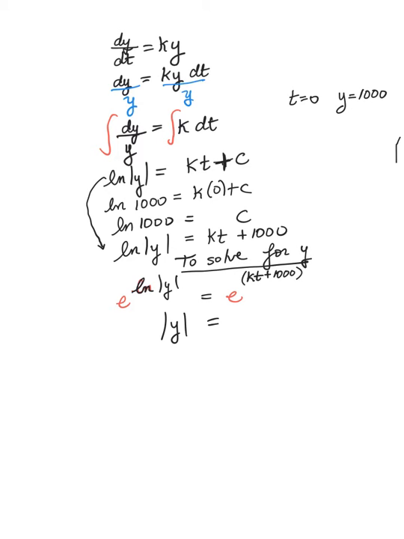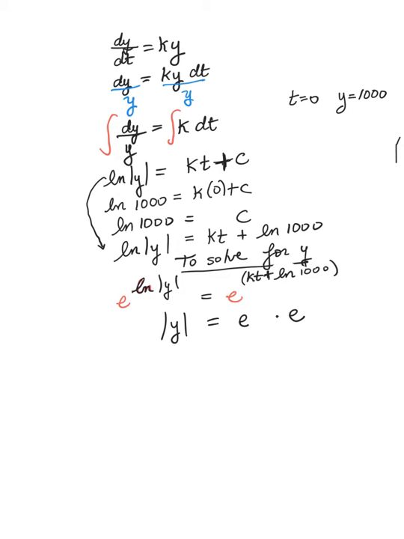So we get e to the kt. Oh, I'm sorry, I misprinted something here. Let me just erase this. That should have been ln plus ln of 1,000, and then I forgot to put it over here, ln of 1,000. Okay, so now we can split this up into the product of two e's.